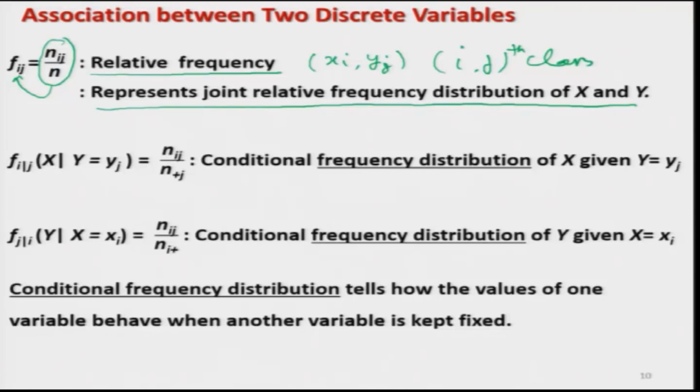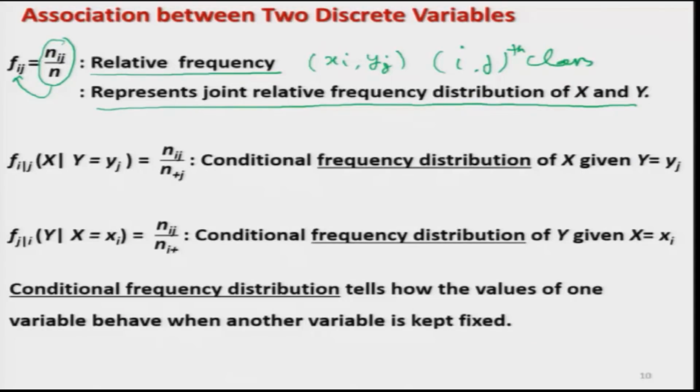Now, we try to obtain one more quantity which is called the conditional frequency distribution. This conditional frequency distribution is obtained in two cases, when the value of y is given or the value of x is given.